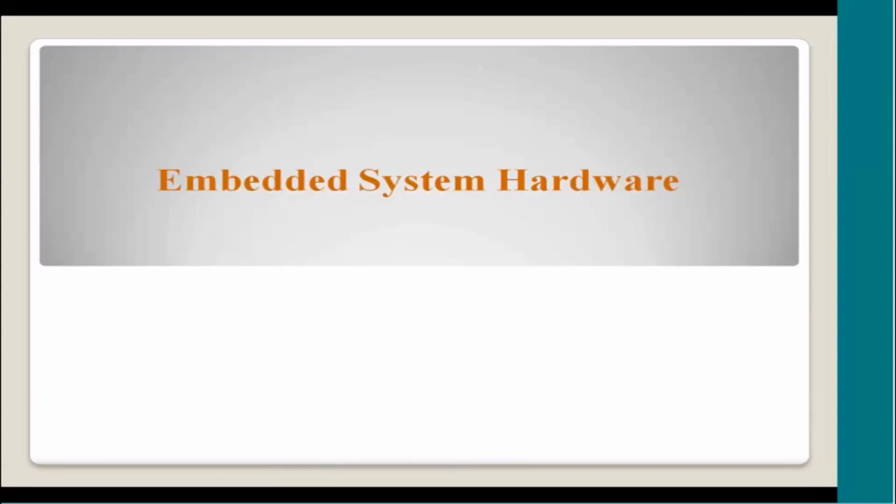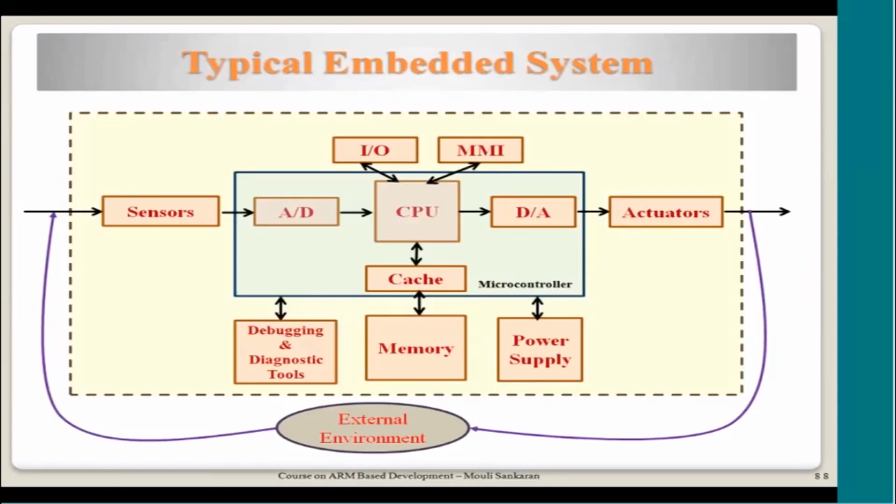Now, let me briefly touch upon what is inside an embedded system. You might have seen many examples of embedded systems. If you are entering an office and there is an access card, an ID, that you swipe at the door, it is an embedded system.